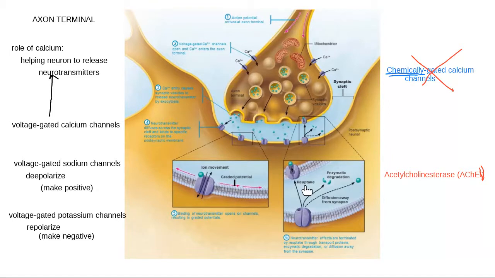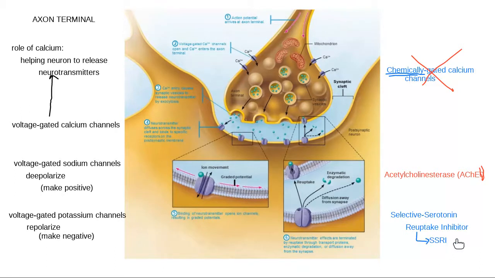Now check this out. Perhaps you have heard of a kind of medication called a selective serotonin reuptake inhibitor. Selective serotonin reuptake inhibitor, or if we abbreviate it, an SSRI.